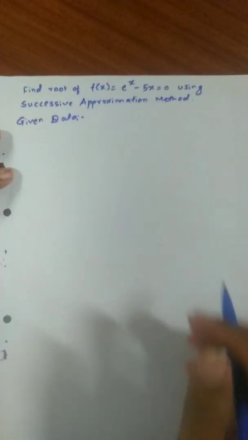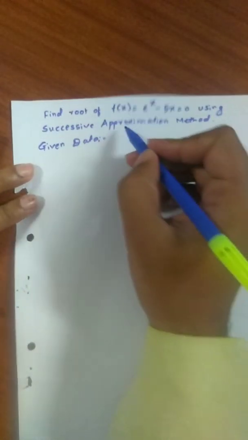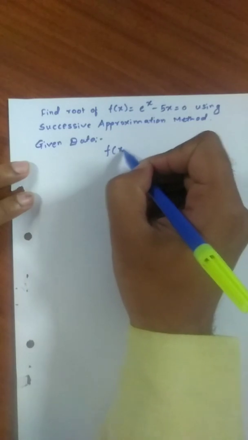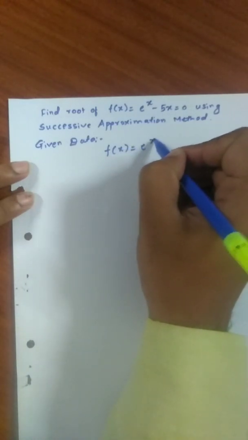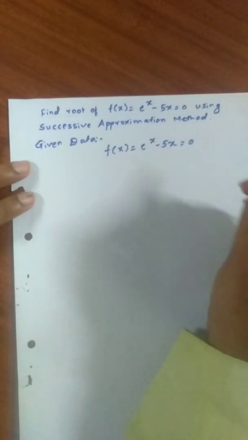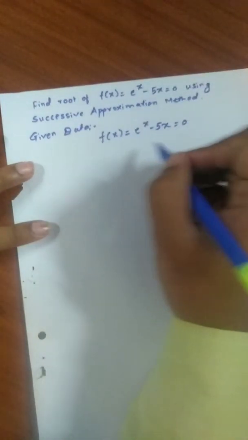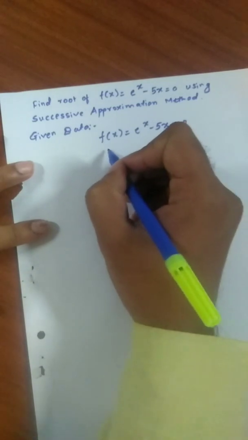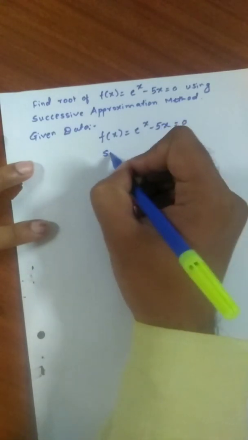So in the given data, they have mentioned the given function as f of x equal to e raised to x minus 5x equal to 0, and they have mentioned the name of the method which you have to use, the successive approximation method.